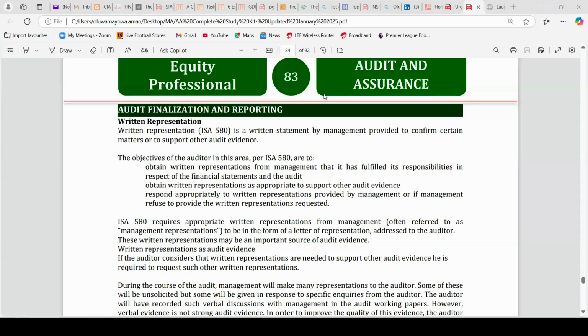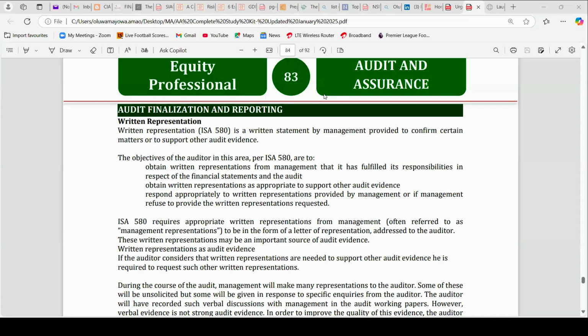What are we saying? The letter ideally, based on the standard, should come from management. That this issue you are raising, this is our stand on it. This is the explanation for it. The management will sign it off. So that's the standard. That's the main idea.